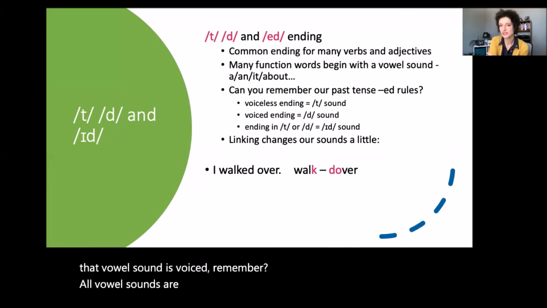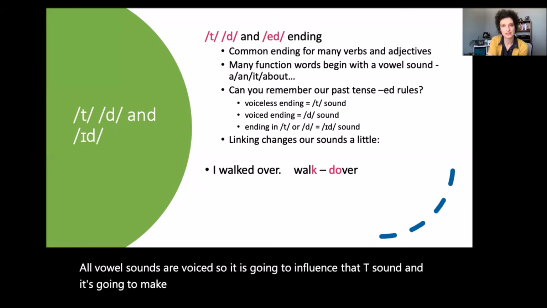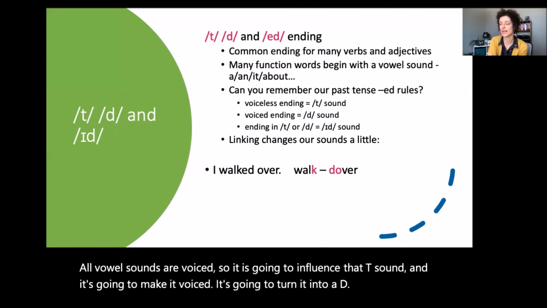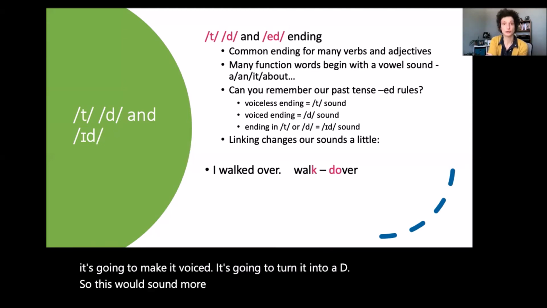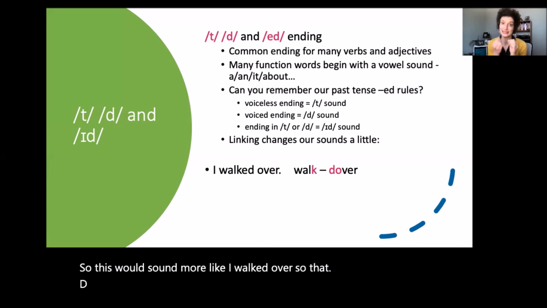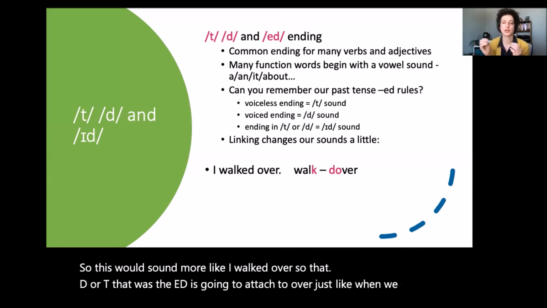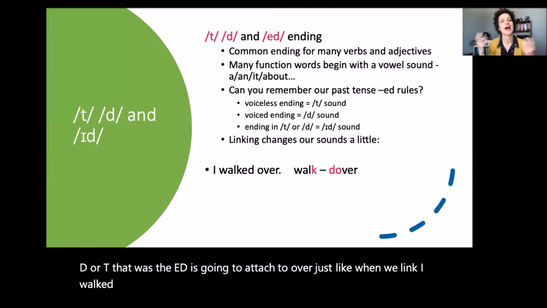So it is going to influence that T sound and make it voiced. It's going to turn it into a D. So this would sound more like I walked over. So that D or T, that was the ED, is going to attach to over, just like when we link. I walked over.